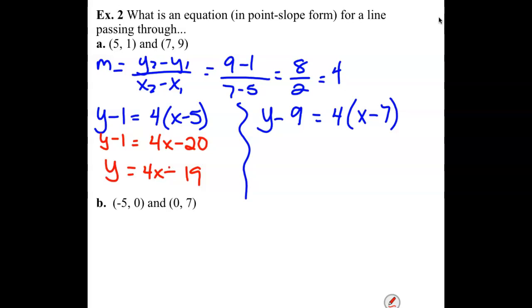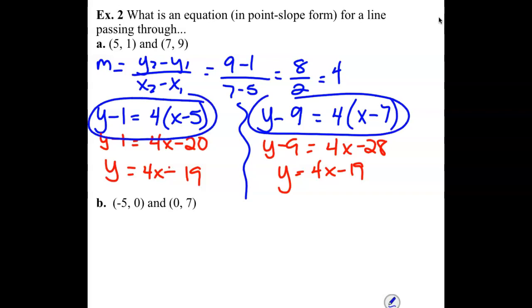If I simplify this one, I still get y equals 4x minus 19. So the nice part about having you simplify it all the way down is that we can make sure our answers are the same. Okay? But again, if it says to put it in point slope form and they don't tell you which point to use, either of these answers would be okay. All right? Okay, I'm going to pause the video.